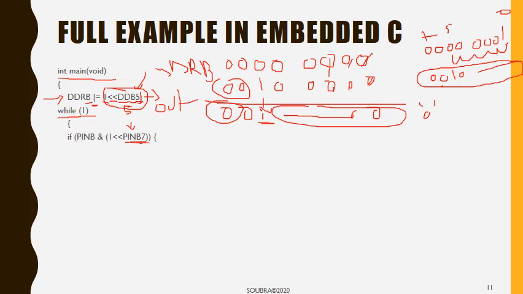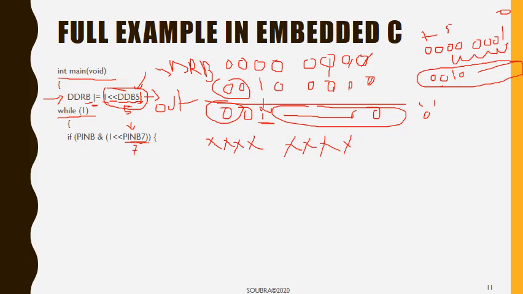So my pin register could be something like, hold on. Yes, could be something like that. X, X, X, so unknown. And I'm shifting, so this is the value 7.